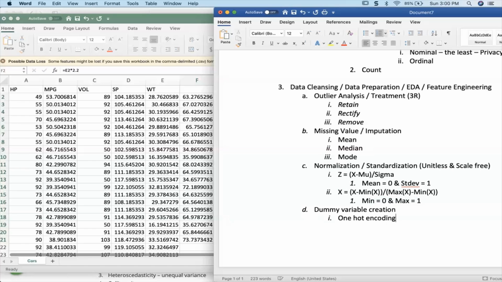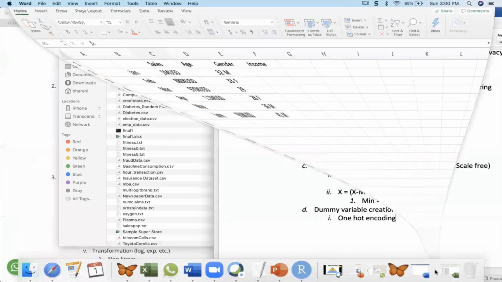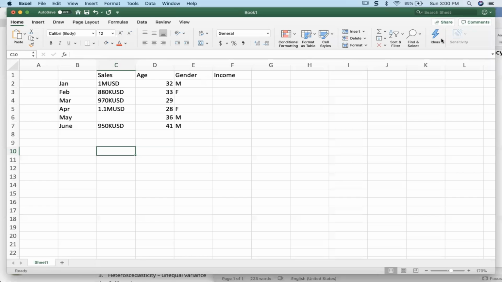Do you all know what a one-hot encoding is, guys? Are you aware of one-hot encoding? One-hot encoding is a very simple technique.